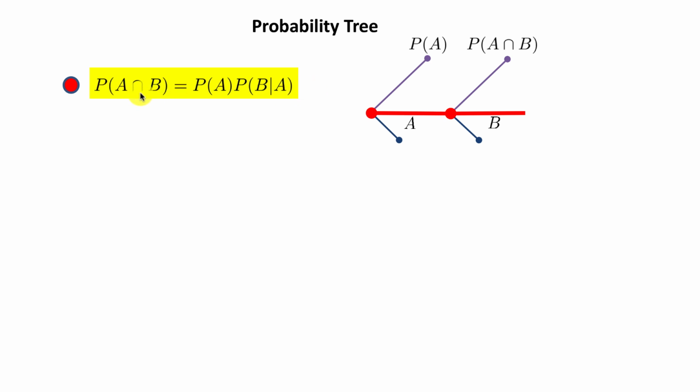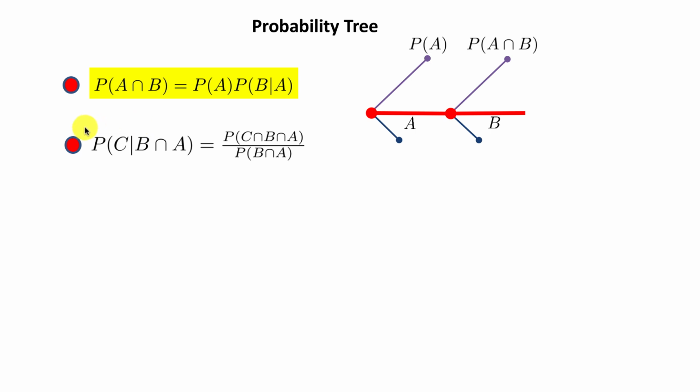P of A intersection B is equal to P of A, the probability of A coming in, multiplied by the conditional probability of B given A. Let's now ask how to get to the next level.